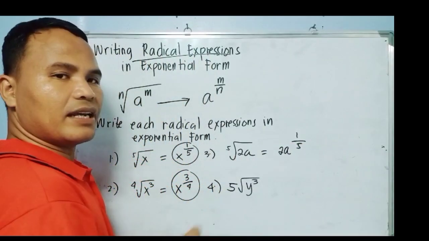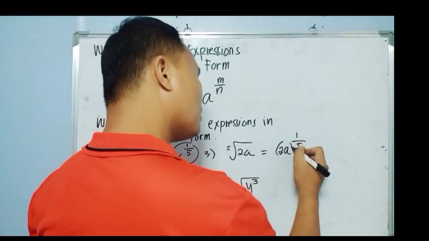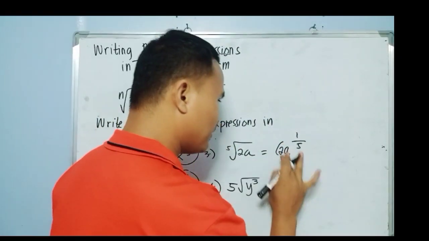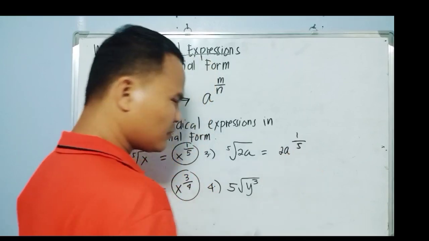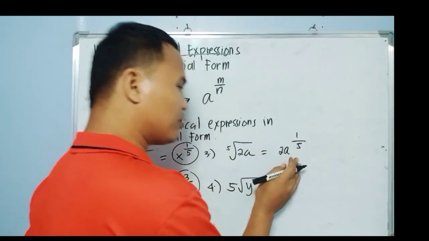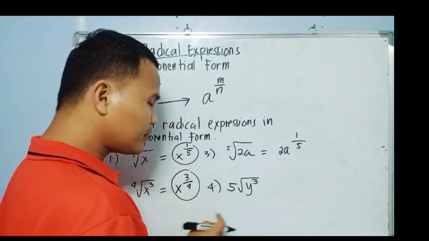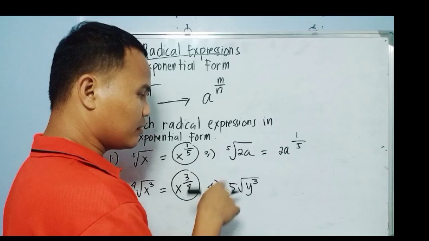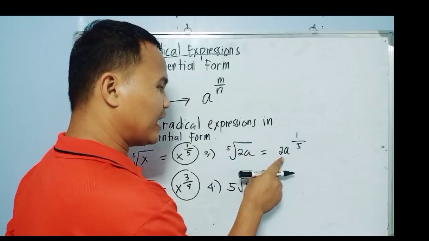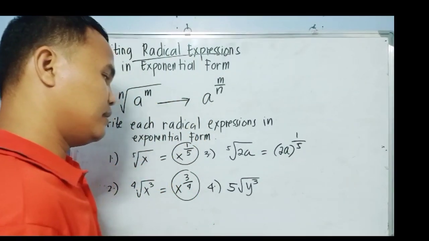So the fifth root of 2a is equal to 2a, butangan na to og parentheses. Kinahanglan nga butangan og parentheses, it's because 2a is our radicand. So kung si 2a ang atong radicand, pasabot, ang atong base.